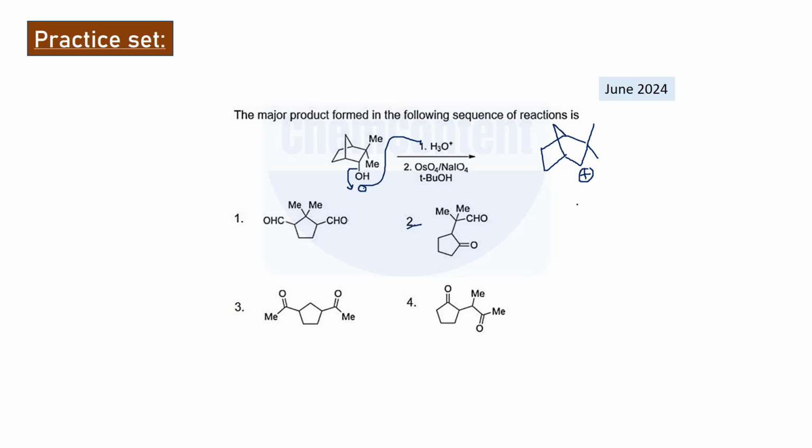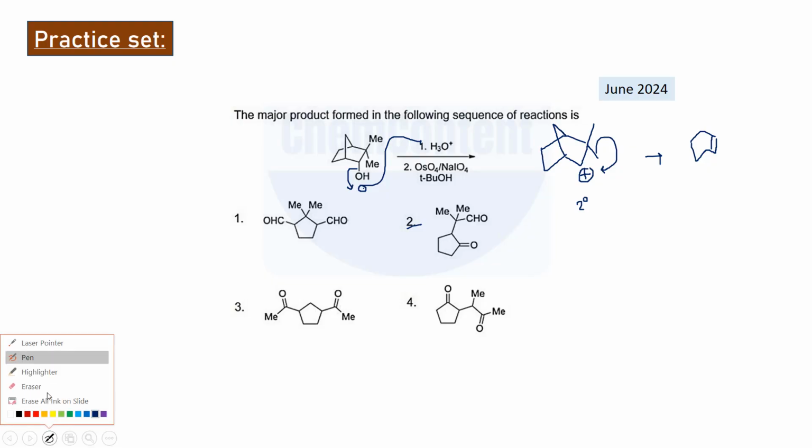Now, as this is secondary and not that stable, this methyl will shift to this position, forming this dimethylated species with the carbocation center here.